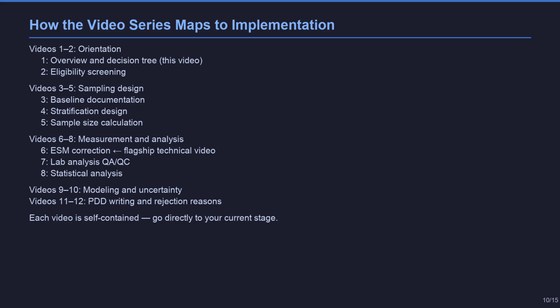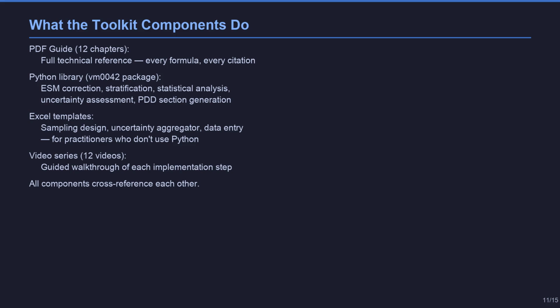Each video is self-contained. The toolkit has 4 components that work together. The PDF guide has 12 chapters, 1 per major implementation step, with every formula, every unit conversion, and every reference citation. The Python library, the VM0042 package, implements ESM correction, stratification design, statistical analysis, uncertainty assessment, and automated PDD section generation.